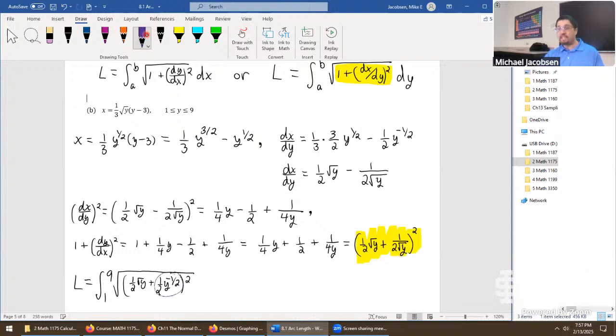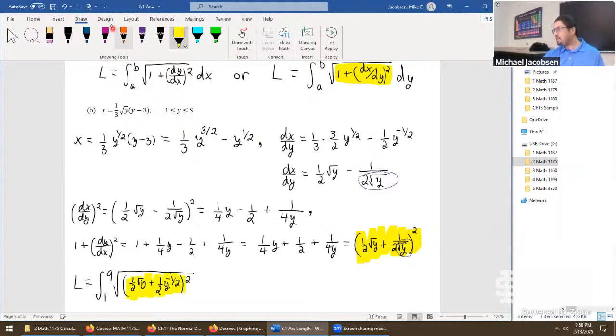What I did to this one right here was take something that's in the denominator, that's really y to the power 1/2, and bring it up into the numerator for integration, so it became negative 1/2 altogether.